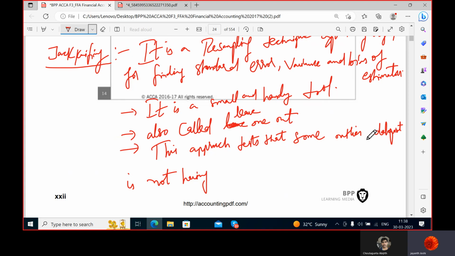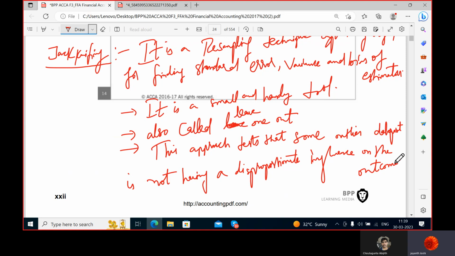So some outlier data point is not having a disproportionate influence on the outcome.